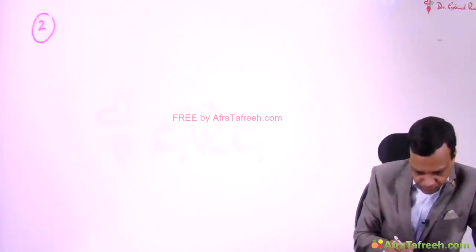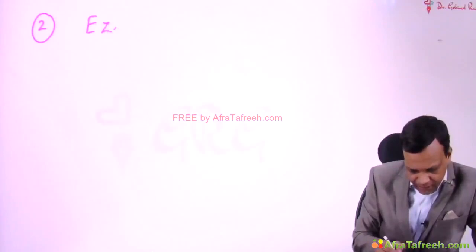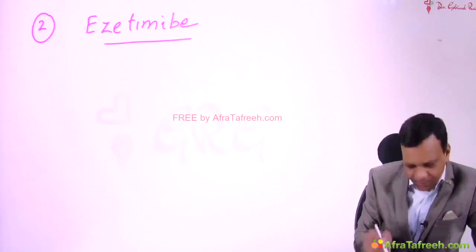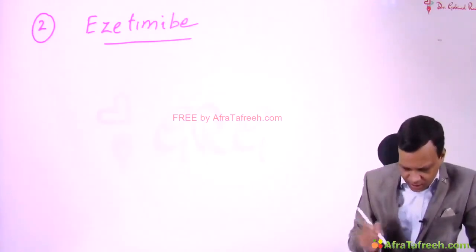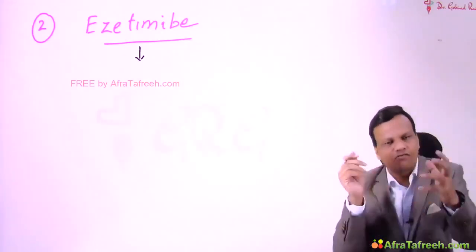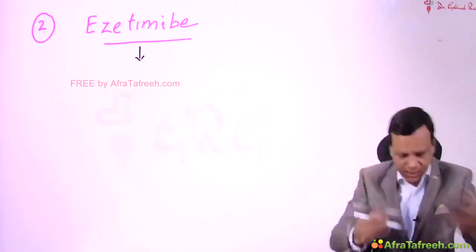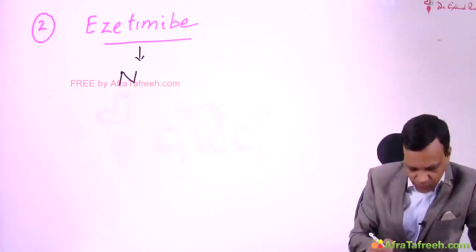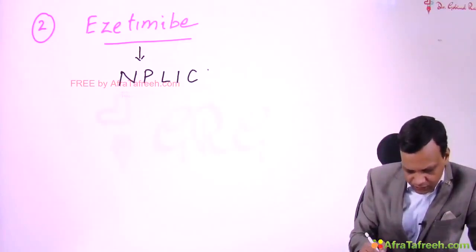Now moving to the second group, it is called ezetimibe. This is a drug which acts by inhibiting the absorption of cholesterol from the GIT. In the GIT, there is a transporter known as Niemann-Pick like 1 C1.